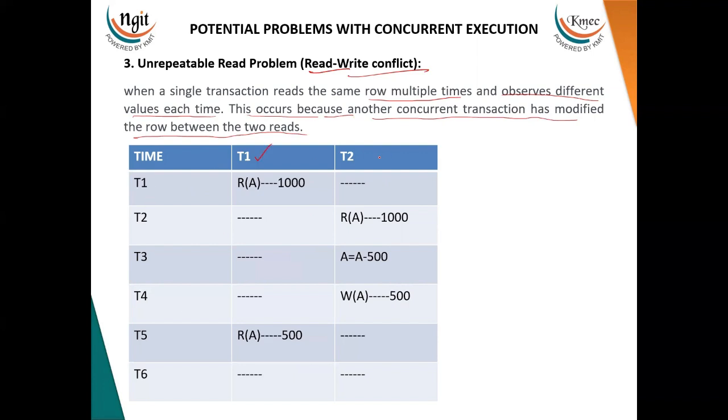Here we have two transactions again. Assume that they are executing at the same time. The T1 transaction performed a read operation at time interval T1 and found 1000 rupees is available in account A. And at time interval T2, the T2 transaction has entered and performed a read operation on account A and found that 1000 rupees is available in account A. Right?